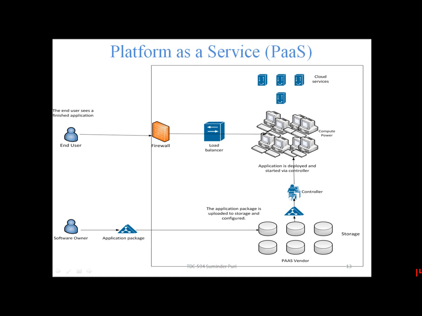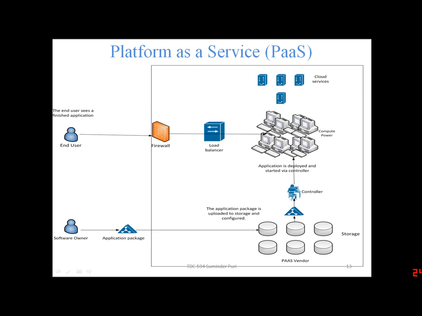Someone using PaaS would see an encapsulated service that is presented to them through an application package, or presented through an API. The customer interacts with the platform through the API, and the platform does what is necessary to manage the scale itself to provide a given level of service.